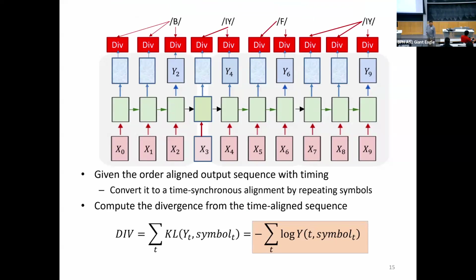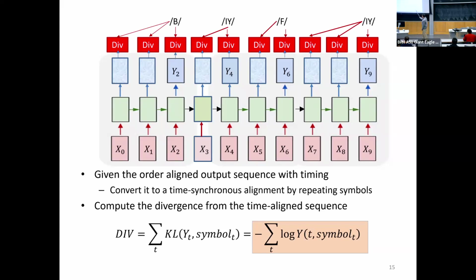And now this became a time synchronous problem. And we also saw that in this case, the divergence simply becomes the negative of the sum over all time instances of the log likelihood assigned to the target output symbol at that time. So it just became minus summation over t of log of the probability assigned to the specific target symbol at time t.